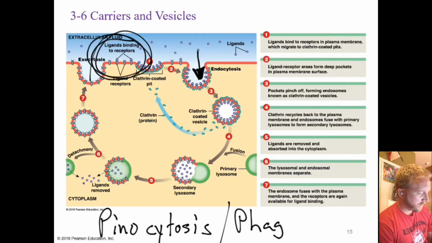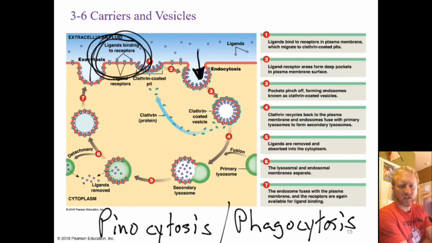And then the other one that you can have is phagocytosis, and this is basically the cell eating something really, really large.